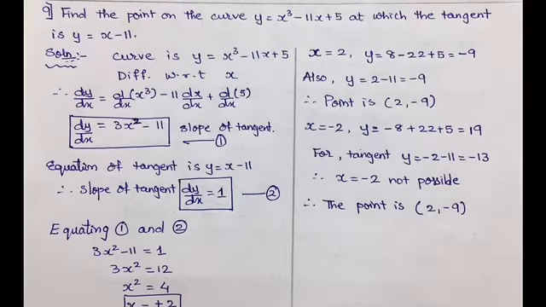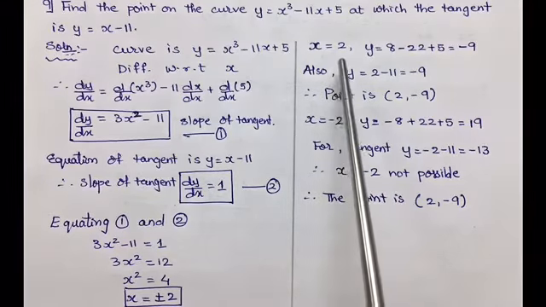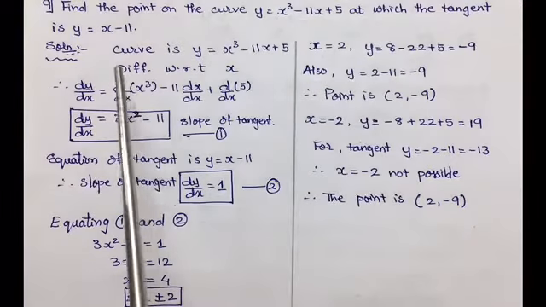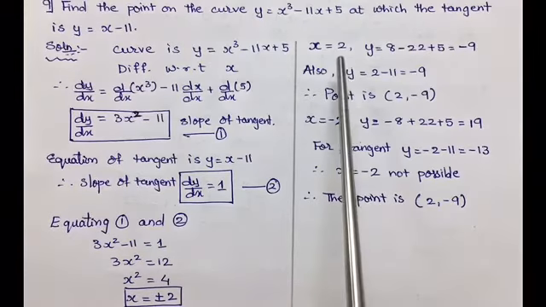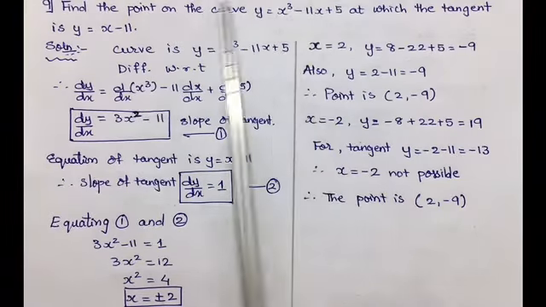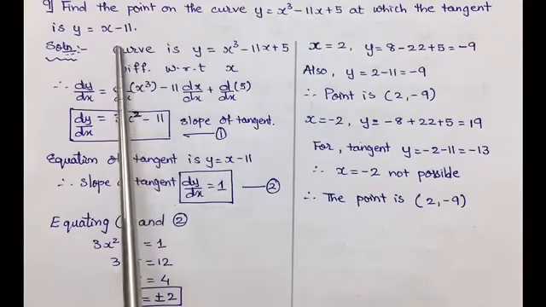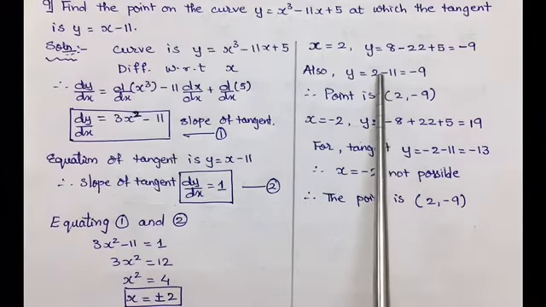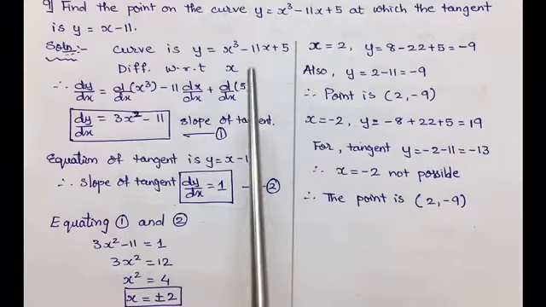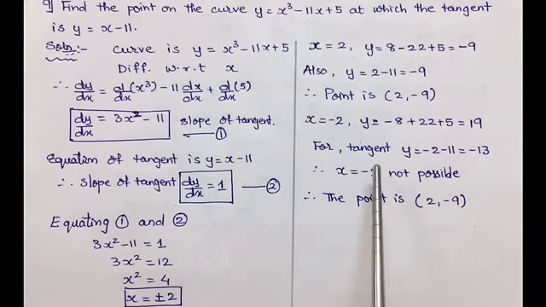Now as we have got the value of x as plus or minus 2, one time we keep the value of x as 2 in the curve and in the tangent, because whatever value of x we have got, we have to keep it in both the equation of the curve as well as the equation of the tangent. If both these equations are satisfied, then and only then can we say the point is correct. Otherwise, if it does not satisfy both equations, then the point is not to be accepted.